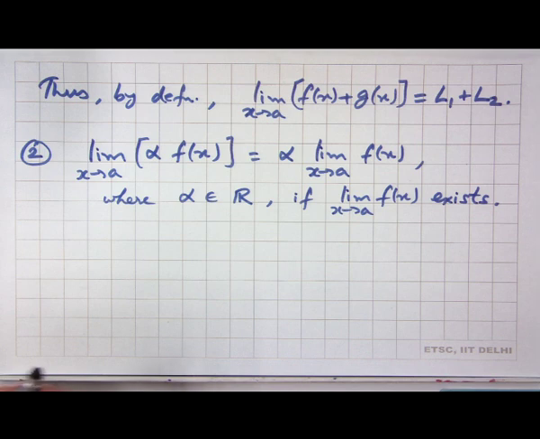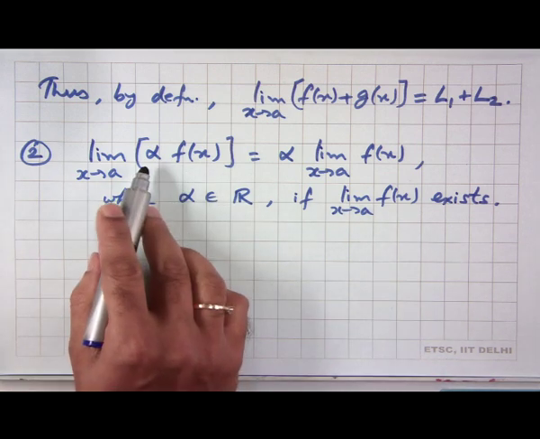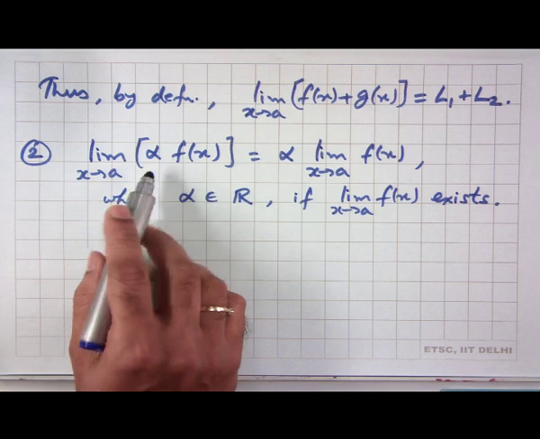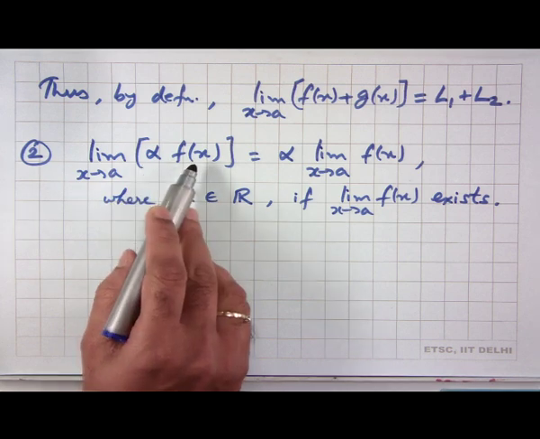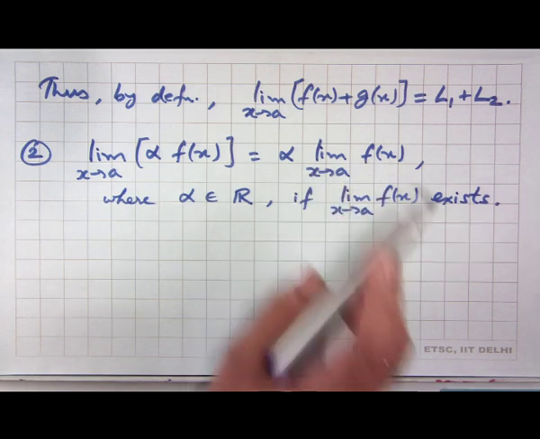So, if I multiply the function by any real number, then the limit of this constant times f of x is equal to the constant times the limit of f of x.